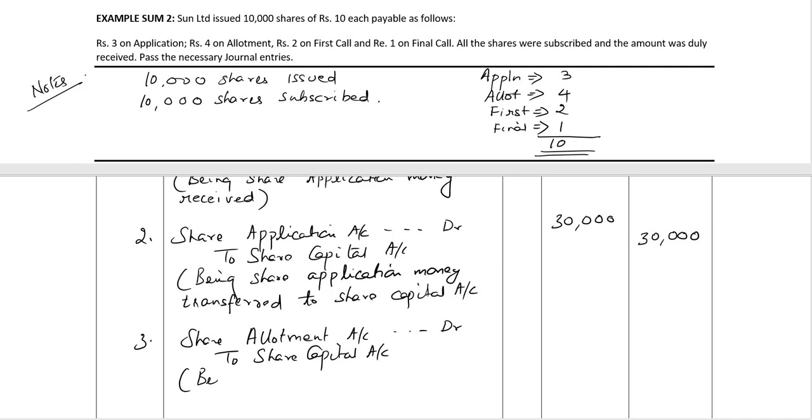Narration: being allotment money due. The amount of allotment money is 10,000 shares multiplied by 4 rupees per share, comes up to rupees 40,000.